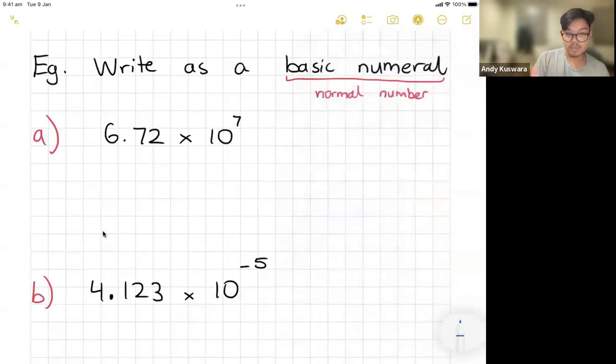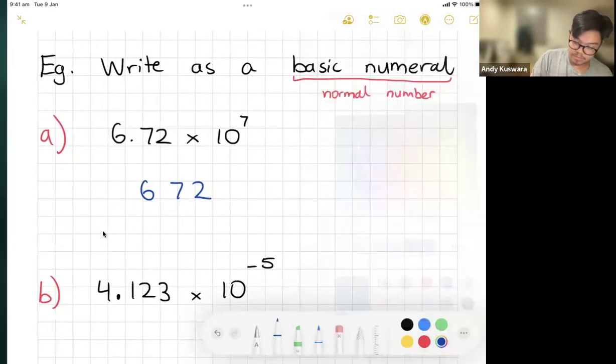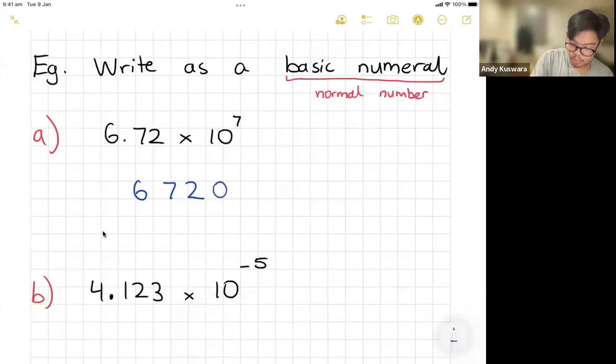Now for this one here, I've got 6.72, sorry, times 10 to the power of 7. And so all I'm going to do is write 672, and then I'm going to move the decimal 7 spaces. Just for now, I'm going to put a whole bunch of zeros here so I can keep track.